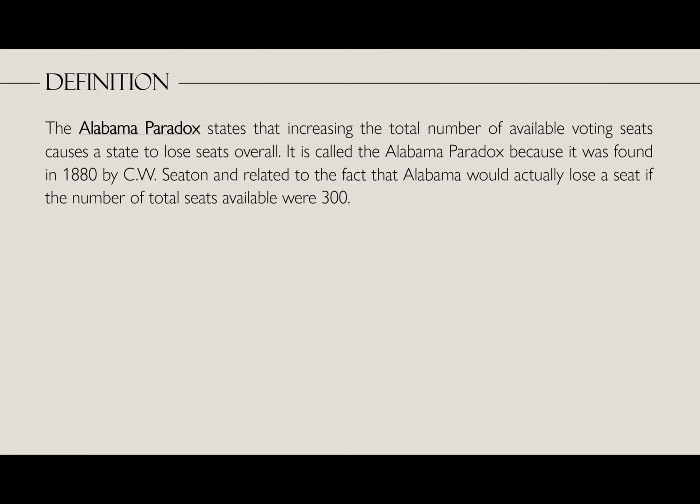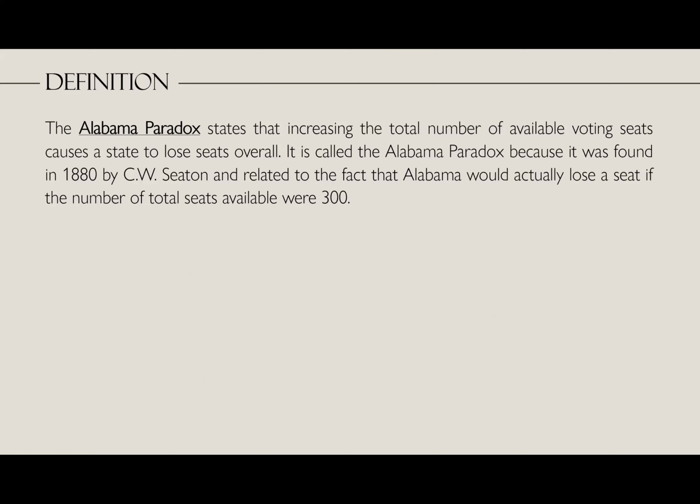What do I mean by that? In other words, I don't remember off the top of my head how many representatives the state of Alabama gets, but actually in 1880, they found out that if overall they increased the total number of representatives for the entire country, Alabama actually ended up losing some representatives somehow.